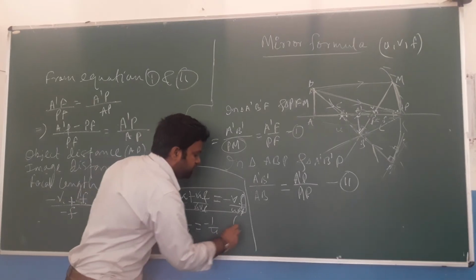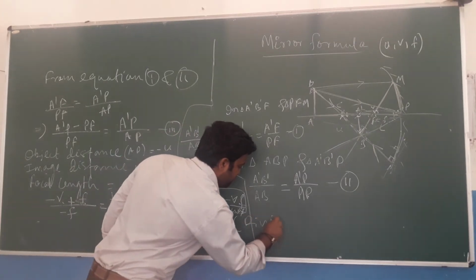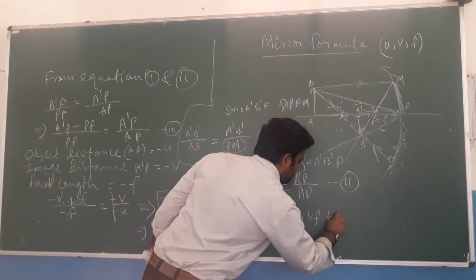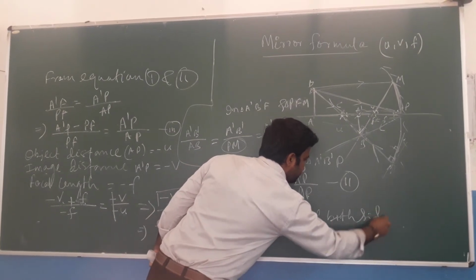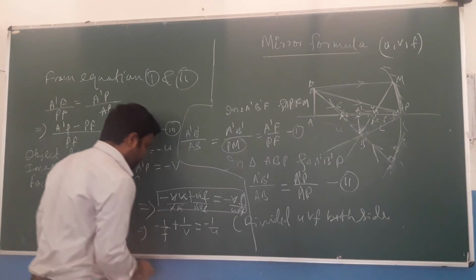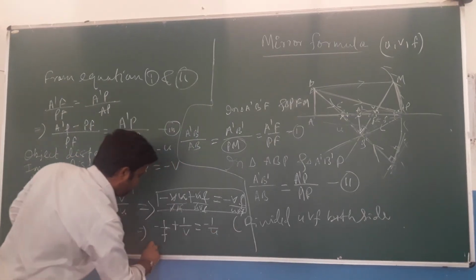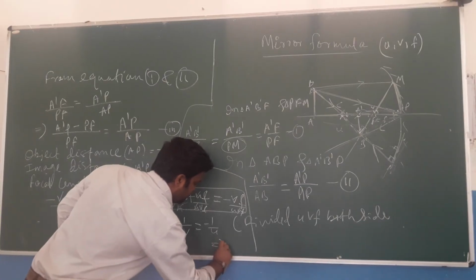So what we did is we divided uvf both sides of the equation. Now we'll rearrange it and we'll get our mirror formula.